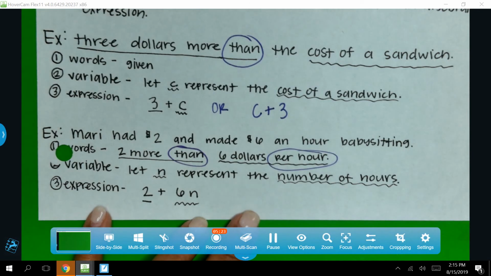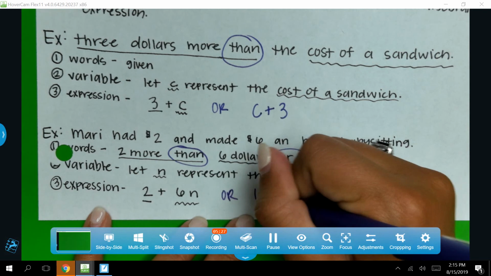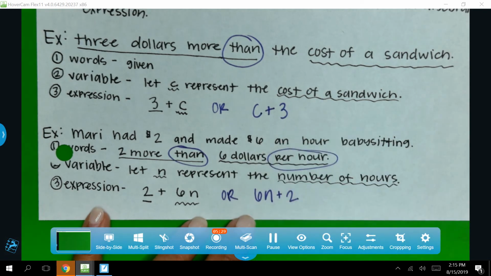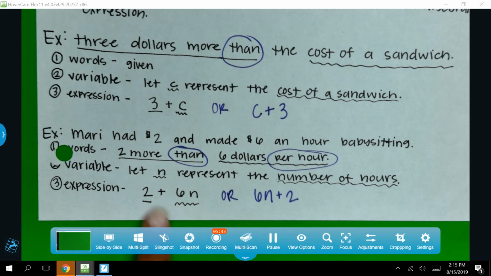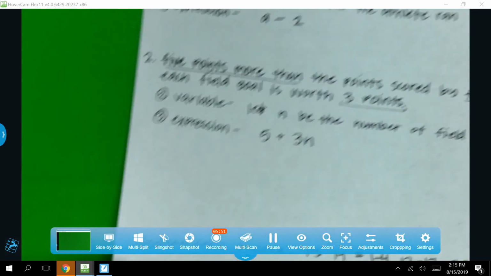So really, this one should be 6N plus 2 as well. Questions on that? So in this case, I have 2 different operations. I'm adding and I'm multiplying. Good? All right, flip over to the back.